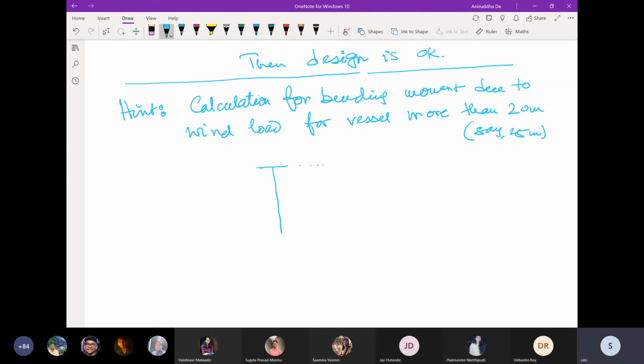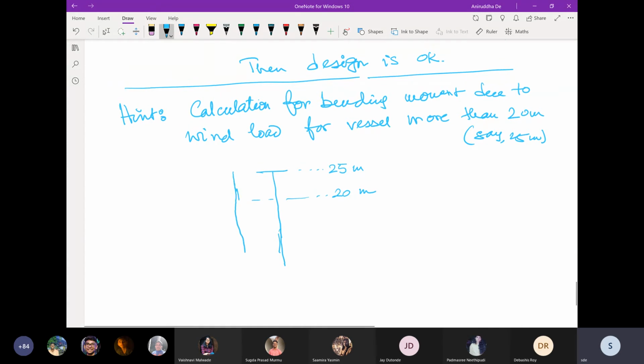So this height is 25 meter from the ground. This height is 20 meter from the ground. And we are calculating all the stresses at a location X meter from the top. So we are calculating all the stresses at a height X meter from the top.